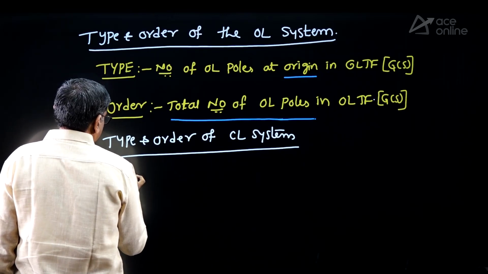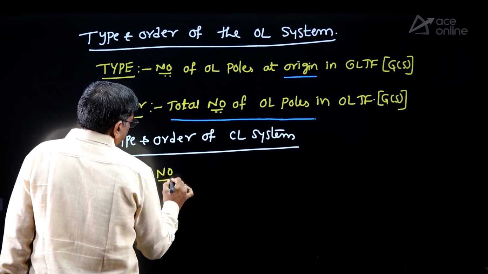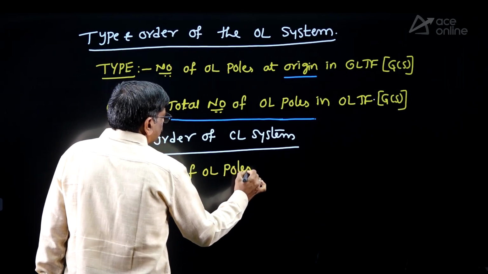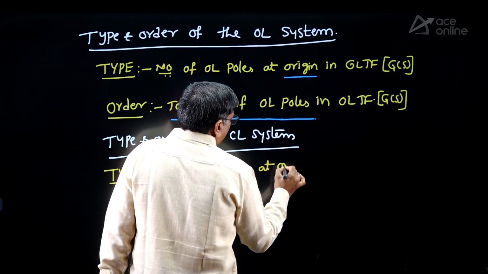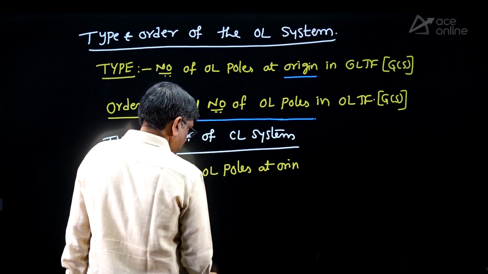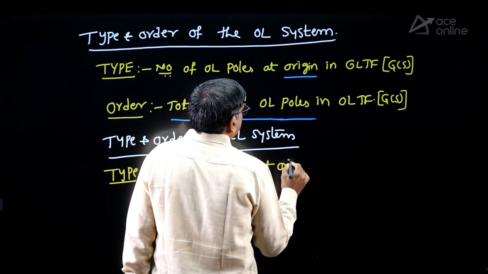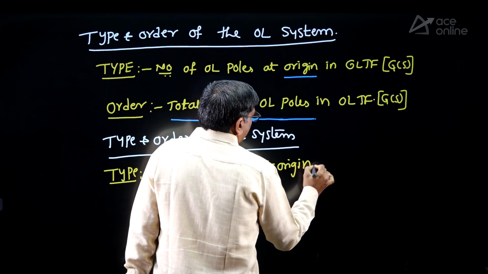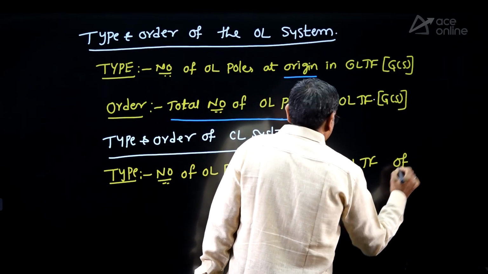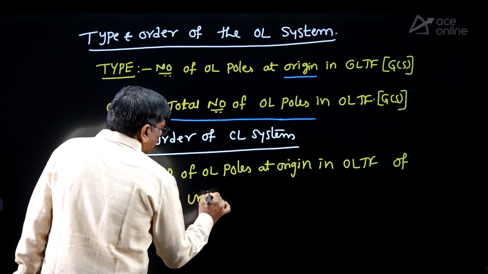Type of closed loop system is the number of open loop poles at origin in the open loop transfer function of the unity feedback system.